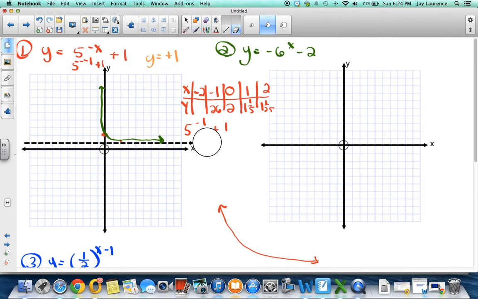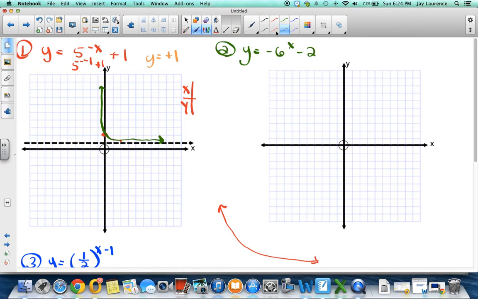All right, let's try this second one here. I'm going to use that same table, although I may pick different values for x. And I'll do these points in green. Looks like I do like 0 again, though. So I'm going to put 0 in, put negative 1, negative 2, I'm going to put 1, and then 2.